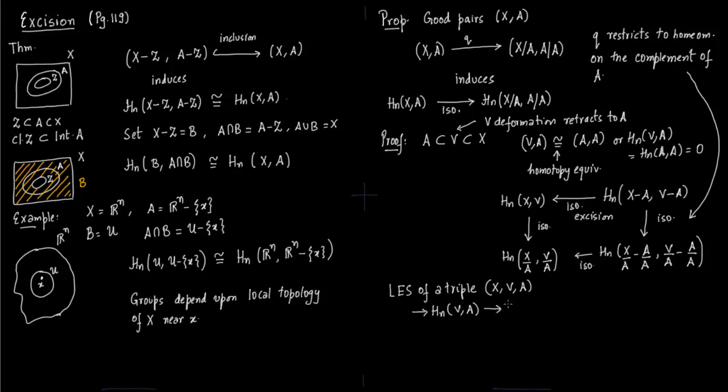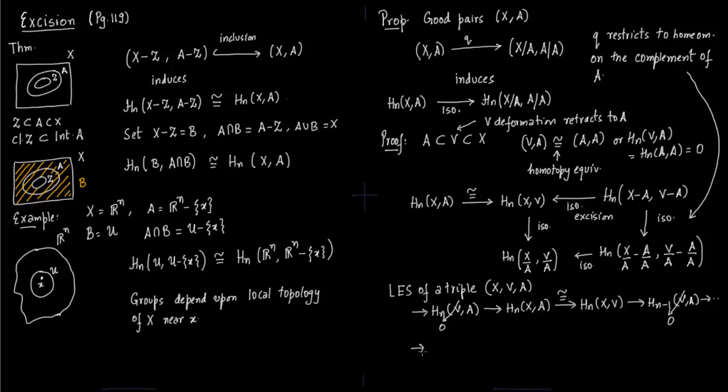So you have Hn(V, A) to Hn(X, A) to Hn(X, V) to Hn-1(V, A). Now we have already seen before that Hn(V, A) is 0 for all n. This is 0. Here also it is 0. So we have an isomorphism here. So let us note this isomorphism.